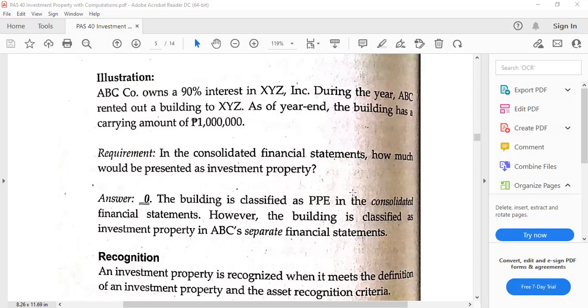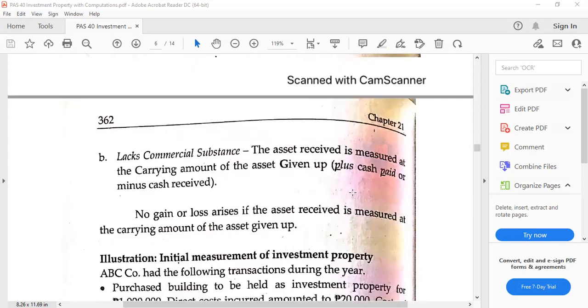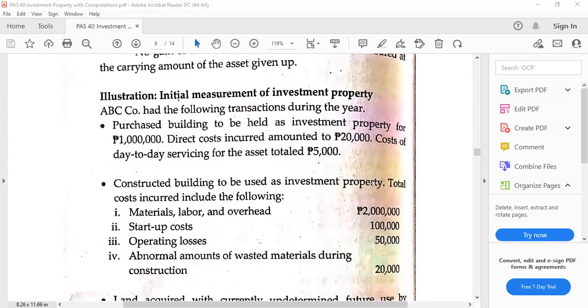All right. Next would be, what about initial measurement? For initial measurement, as said, we are going to measure investment property initially at cost. And then we have to capitalize directly attributable costs. For example, if it is purchased, then all costs needed for the asset to be ready for its use.